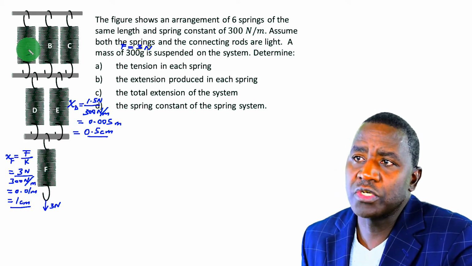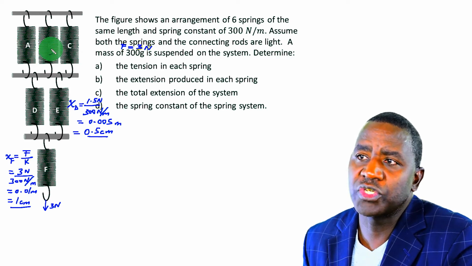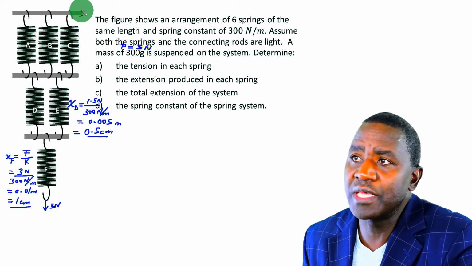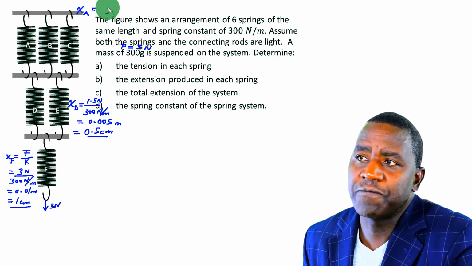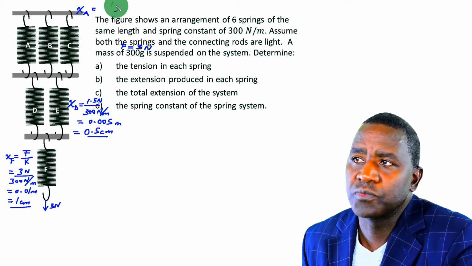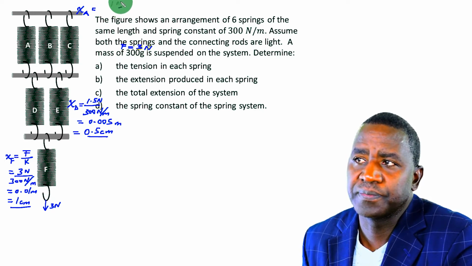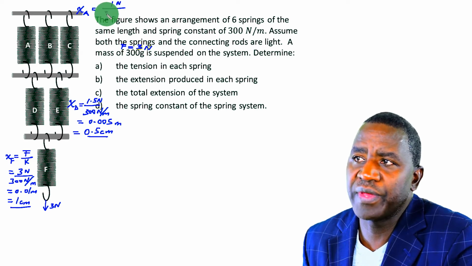We can also use that concept over here where we want to know the extension in one of the springs here. The extension in A is equal to the extension in B is equal to the extension in C because they are parallel. Again, for the extension in spring A, the force acting on that spring will be 1 newton, divided by the value of the spring constant, which is 300 Newton per meter.